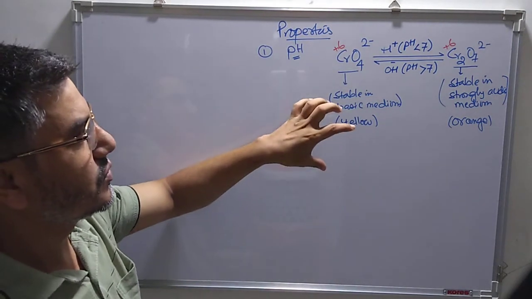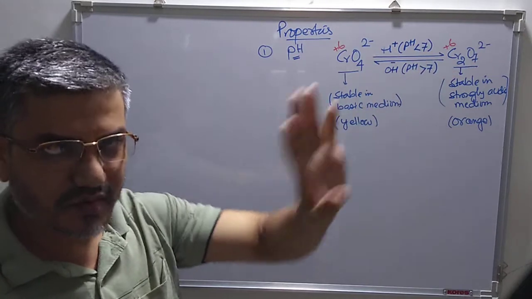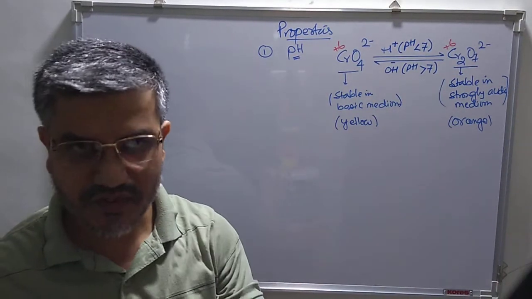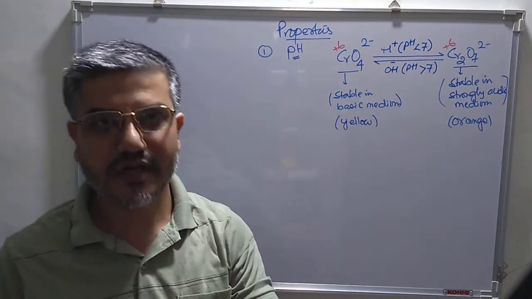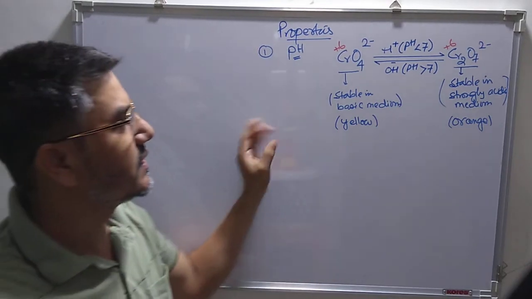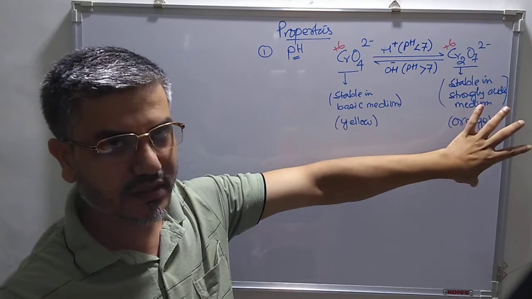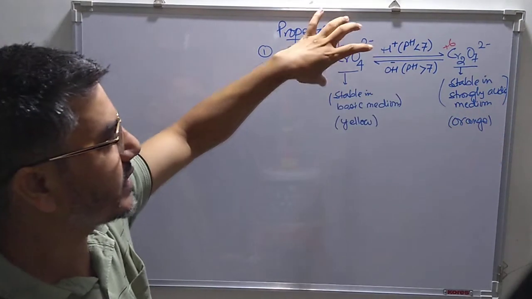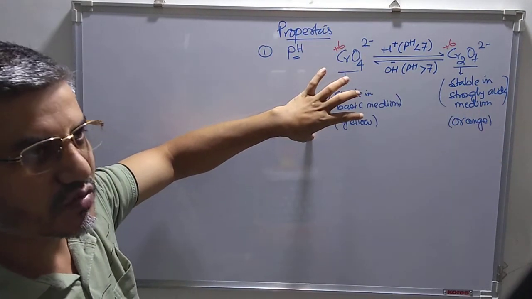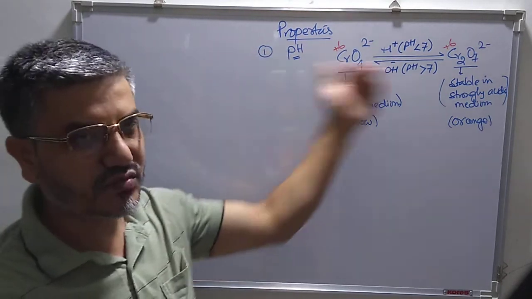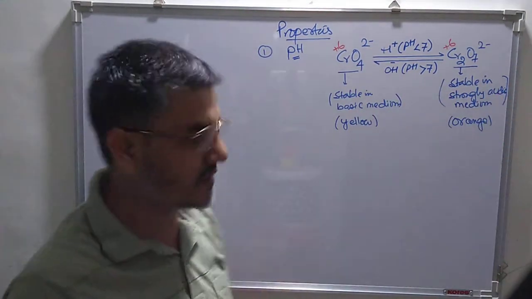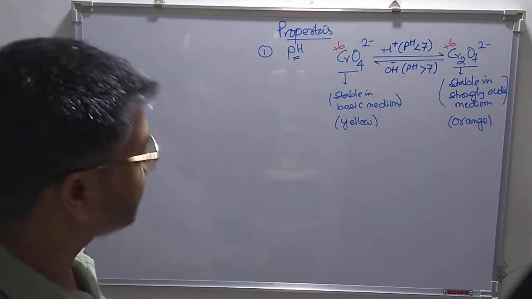In both cases, chromium is the central atom, chromium is sp3 hybridized, chromium is tetrahedral. The only difference is the oxoanion. So dichromate is stable in acidic medium, chromate ion is stable in basic medium. So if we manage the pH, then one can be converted into the other. That is the pH dependent effect.